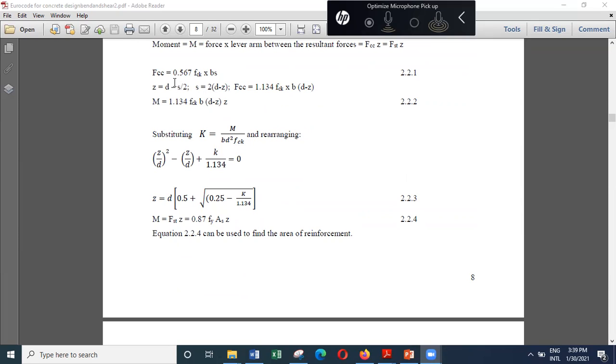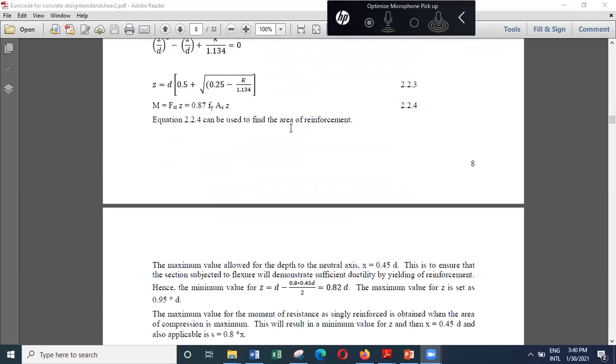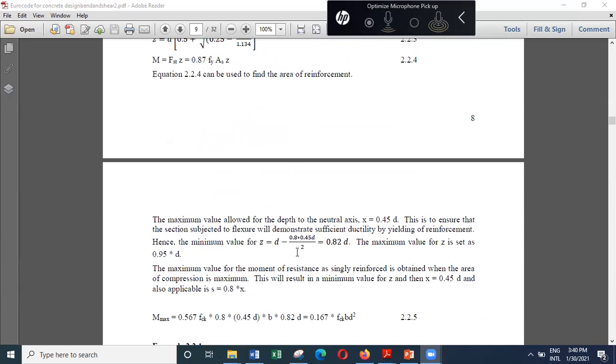So once you substitute the maximum value of x in this equation, you will end up with d minus 0.8 times 0.45d divided by 2, and you will find that z is equal to 0.82 times d.